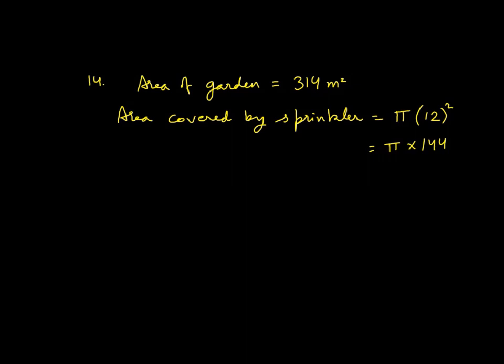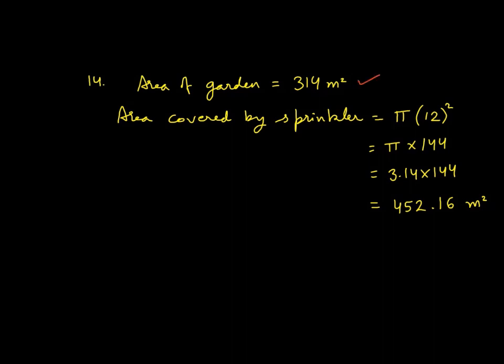Taking the value of pi as 3.14, we get the area covered by the sprinkler equal to 452.16 meter square. So this much area is covered by the sprinkler, whereas the area of the garden is given as this.